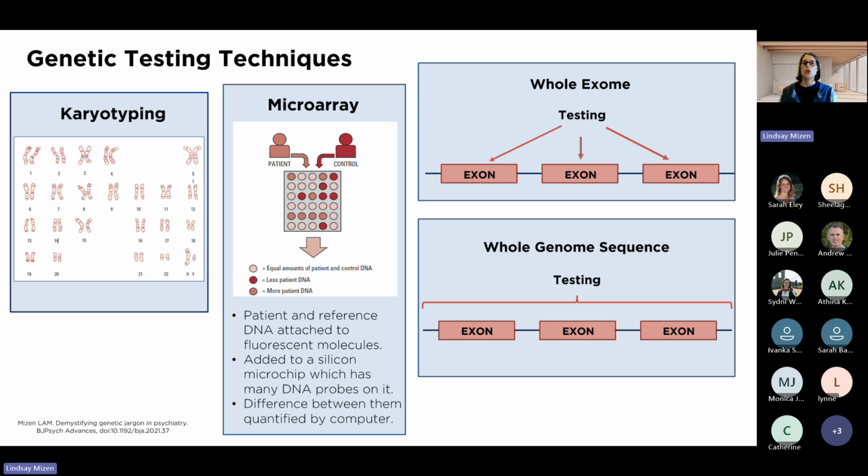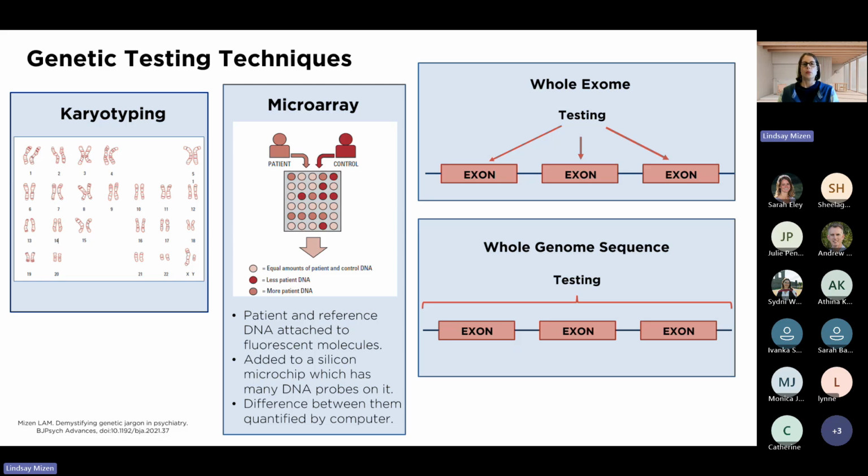A newer technique is called a microarray or a gene panel. This is where you have DNA that is known as a reference sample, so DNA that doesn't have changes that we know to be harmful.